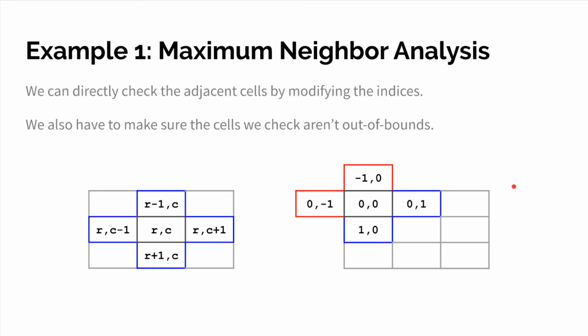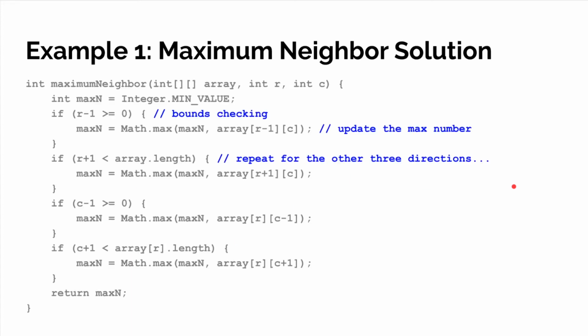Alright, so our basic way of writing this code would be something like this, right? We have our input array and a row and a column index. We set our maximum number to the minimum value to ensure that we will always catch the actual maximum value. And so we start checking the bounds, right?